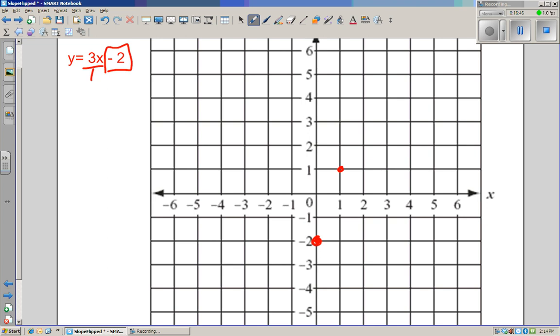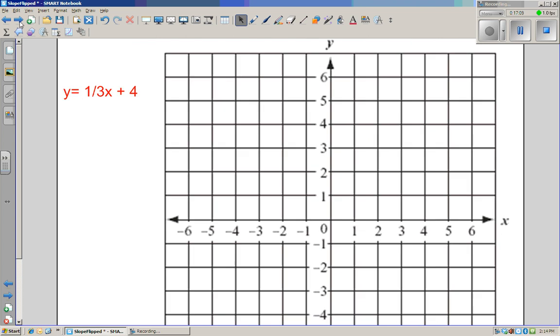There's my next point. I like to do that twice to make sure I have a good line. So from this point right here, I'm going to go up 1, 2, 3, over 1. Once I have that, I draw my line, and that is poorly drawn, but you can see that I have a line-ish.